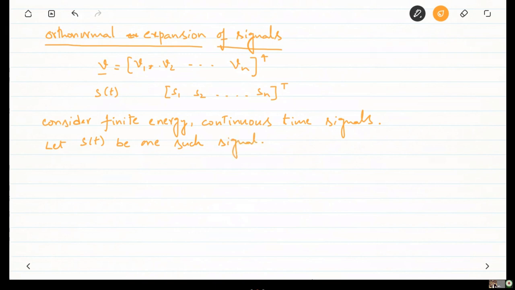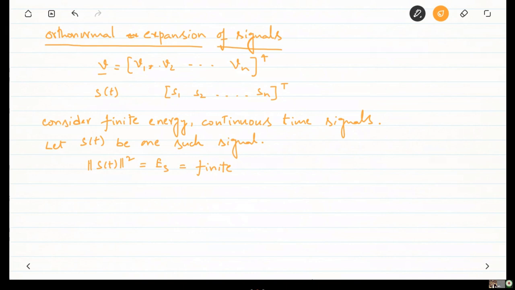What does it mean? S of t has finite energy and it's a continuous time signal.